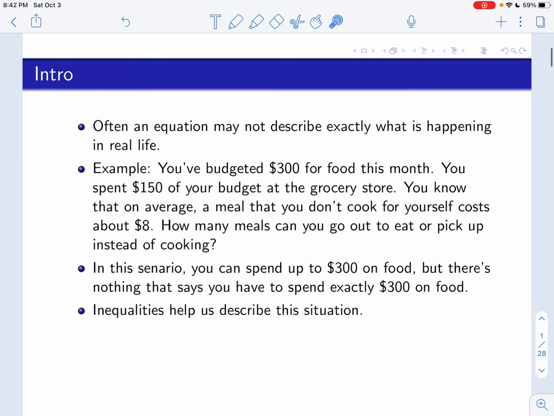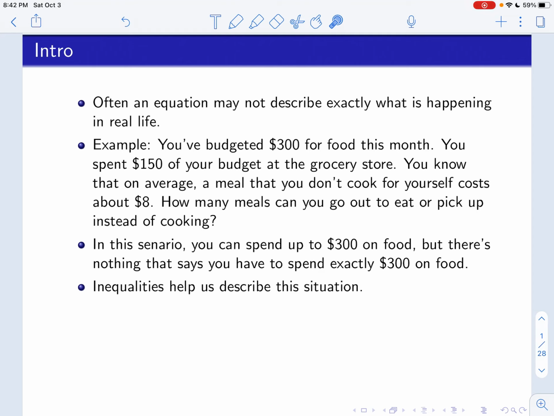Now, the reason we care about a linear inequality is that many times an equation might not exactly describe what's happening in real life. For example, you've budgeted $300 for food this month. You spent $150 of your budget at the grocery store. You know that on average, a meal that you don't cook for yourself, if you go out or pick up or something like that, costs about $8 for your usual lifestyle.